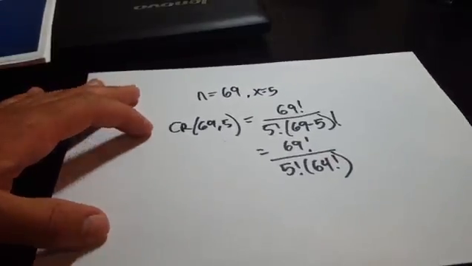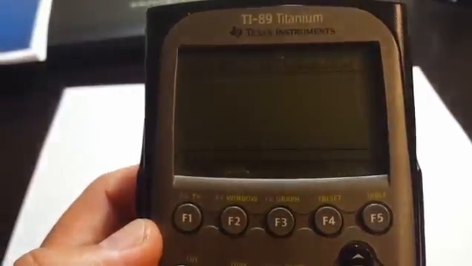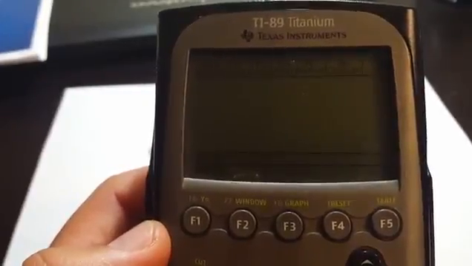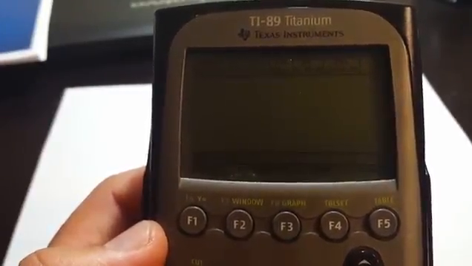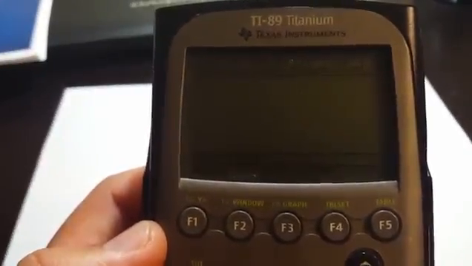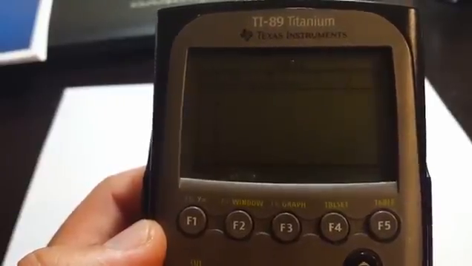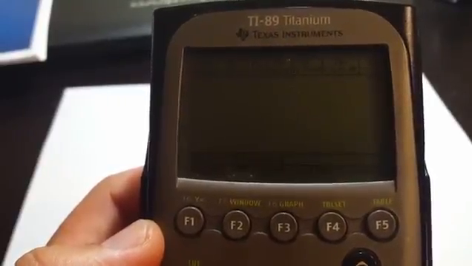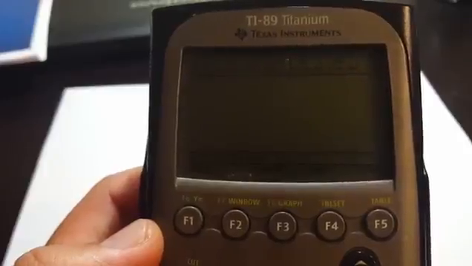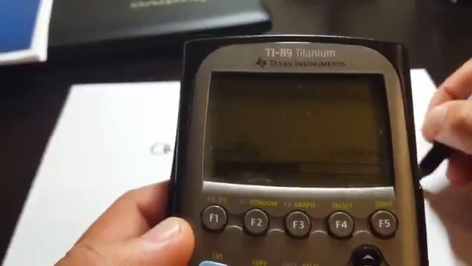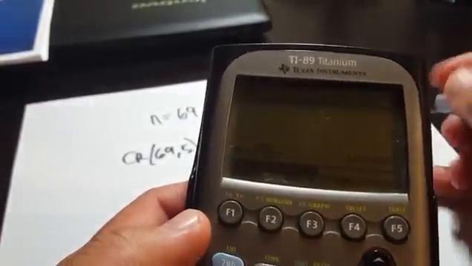I'm going to punch this in the calculator real quick. We have 69 factorial divided by 5 factorial times 64 factorial. That's going to be 11 million, 238,513.